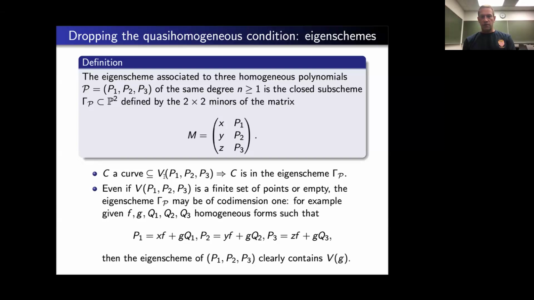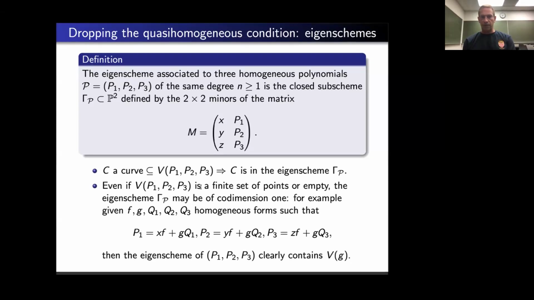If I have a curve that's sitting inside the corresponding variety, that would mean exactly that P1, P2, and P3 are sharing a common factor. Then C is in the eigenscheme. So if your eigenscheme contains a curve, that's actually going to mean that these polynomials all shared a common factor.